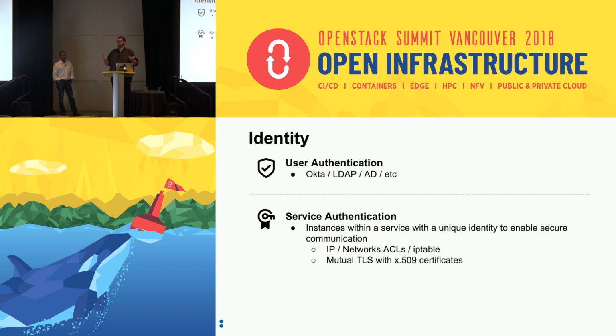Think of a service as an application, and there are many instances that run that application. If you have a website with a web front end and an application API tier, you have a web service and an API service. The instances within these need to be able to communicate to one another, and they have to be able to trust one another.